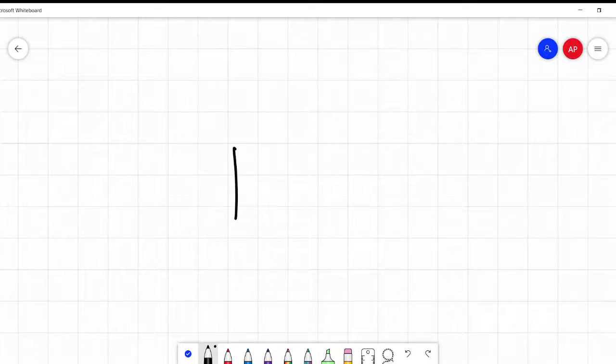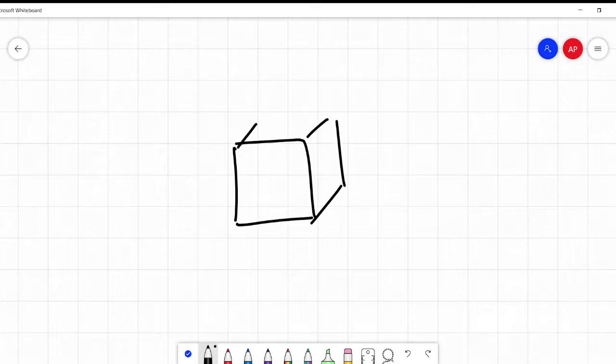For example, let's say I have a die. Yeah, it's called a die, not a dice. And I'm probably drawing this wrong. Assume that I knew how the dots go on a die.